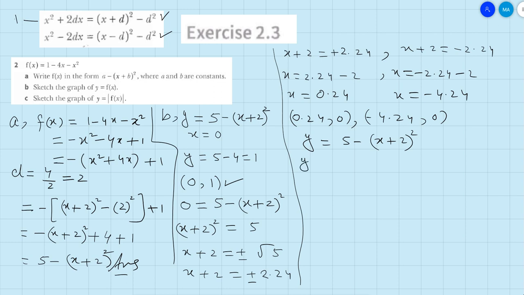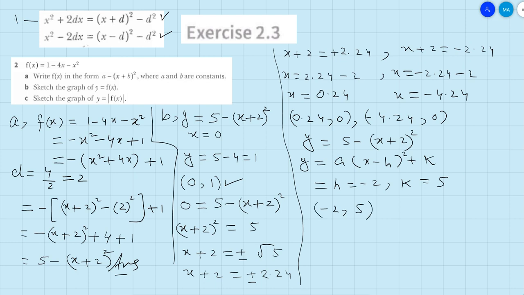If you compare this equation with a into (x minus h) square plus k, you can see the coordinates of the stationary points. If you compare, h is minus 2 and k is 5. So the coordinates of the stationary point are minus 2 comma 5.